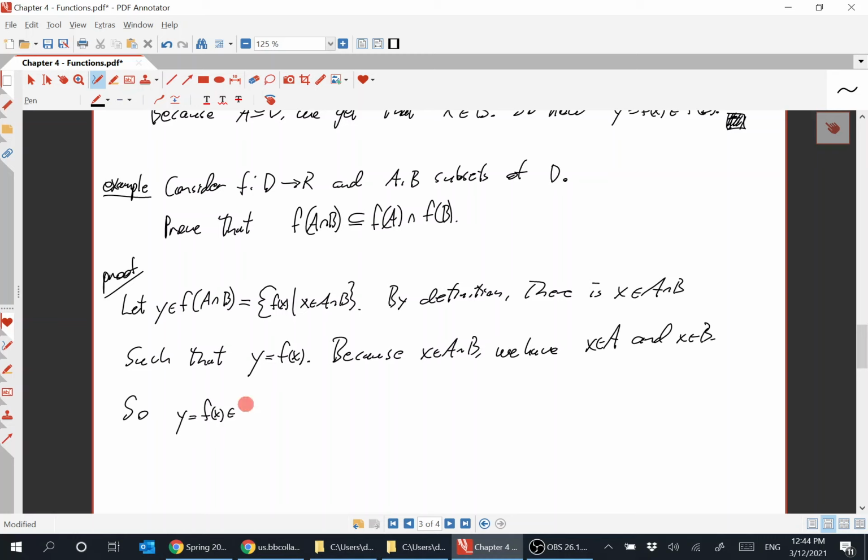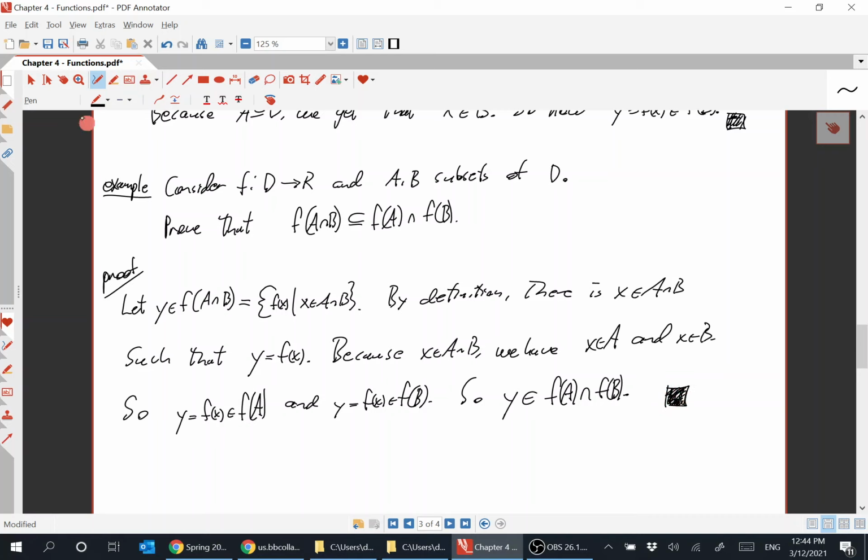F of A and f of B. Yeah, y is an element of f of A, and y, which is equal to f of x, is an element of f of B. Or you can say it the way you said it, f of A and f of B. It's fine. So y is an element of what? The image of A intersection the image of B. Perfect. Very nice.